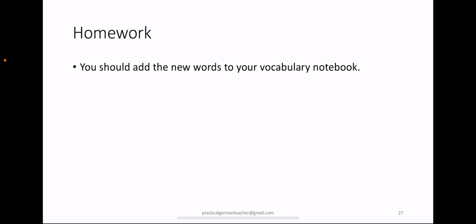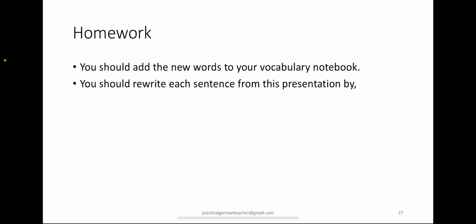A few more homework tasks. Please add the new words to your vocabulary notebook. Then, there were many sentences for practice in this session. Please rewrite each of them with a few modifications, by changing the subject. So if the subject was ich, you can do it for du, sie and Sie, capital Sie and small sie meaning they.